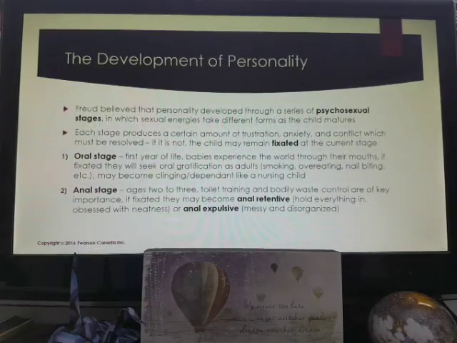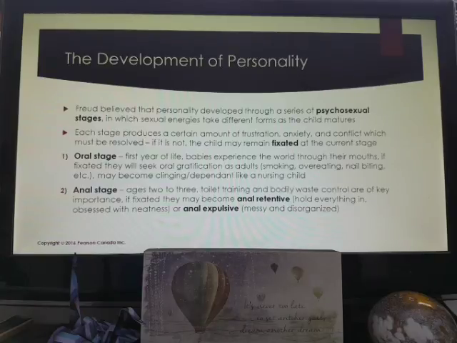So we'll move on a bit to the development of personality. We know that those defense mechanisms are very important when conflicts occur. Freud also believed that personality developed through a series of psychosexual stages, in which sexual energies take different forms as the child matures.